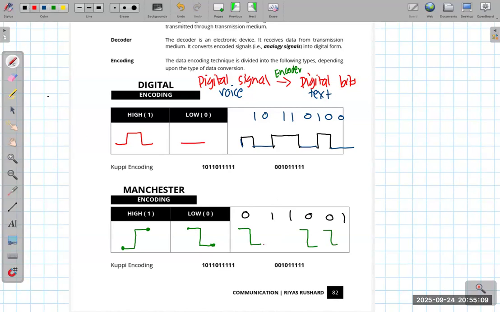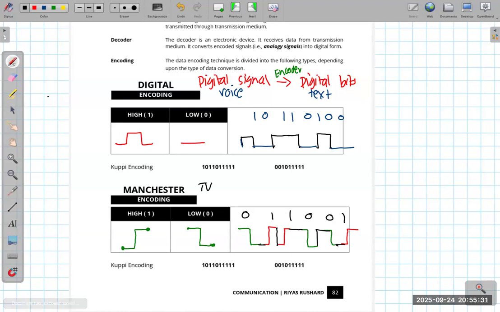And 1 is represented as low to high, low to high, low to high. So we map the zeros and ones. In this, we connect it. We connect these two, connect these two, connect it, connect it. This is how we map in Manchester encoding.